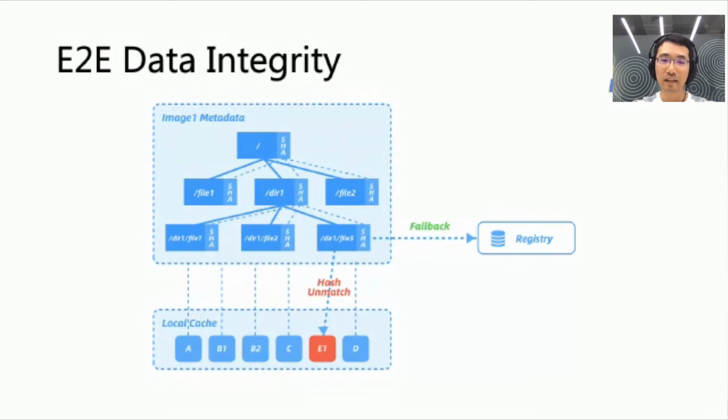I see. Another question: if I create an image, will I need to create two images, the original format and the Nydus format? This is actually optional. We can convert an existing OCI image into a Nydus image.